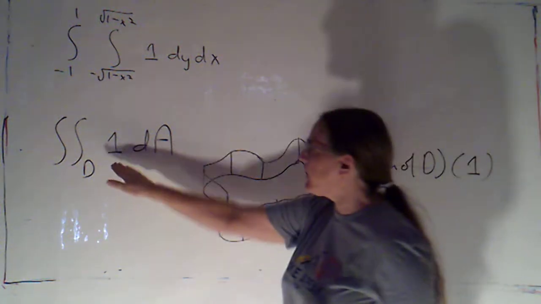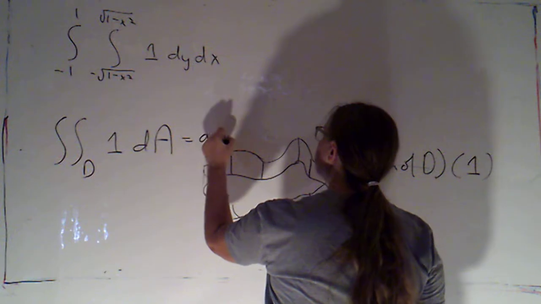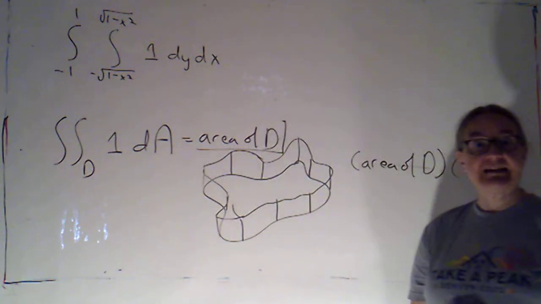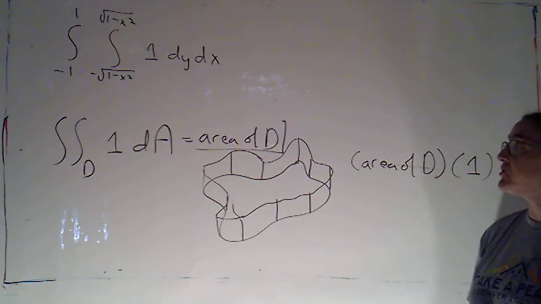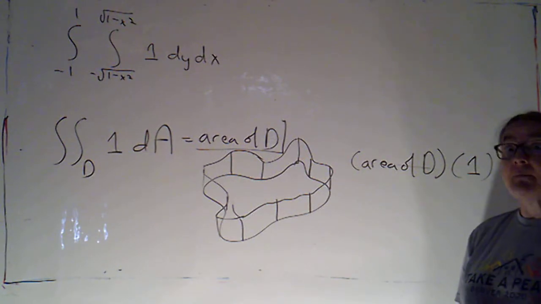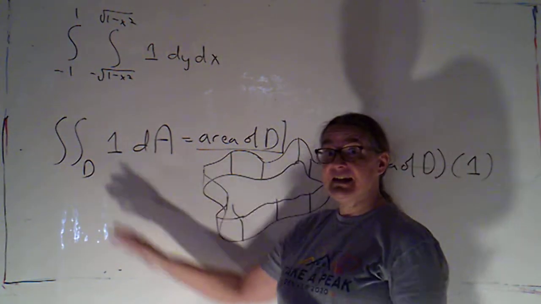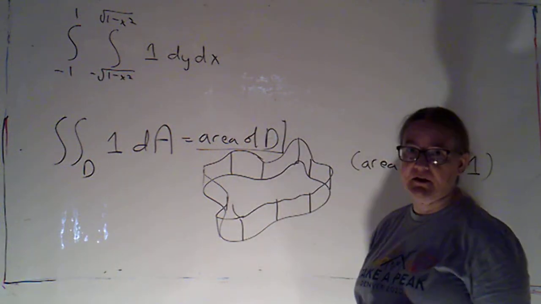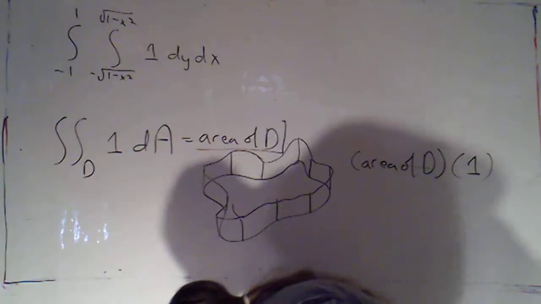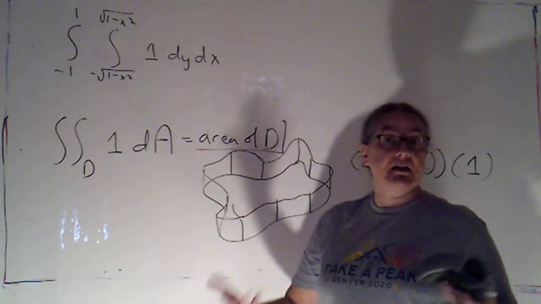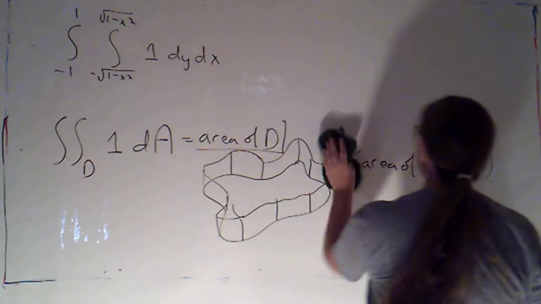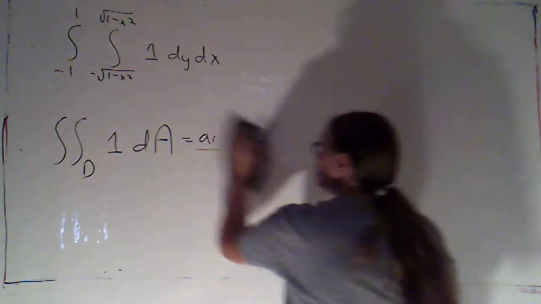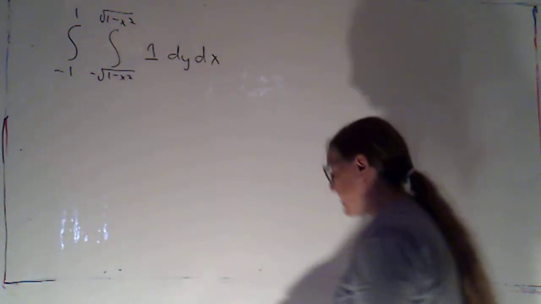So if I'm integrating 1, I'm simply getting the area of the region D, and I can think of that geometrically. Now, there may be times when the region D is a blobular region like I drew here, so there's no geometric formula for figuring out what that is, and I would actually do the integration to calculate the area. But there may be other times where my region is actually a nice geometric area.